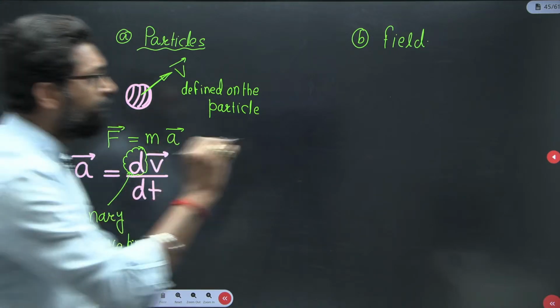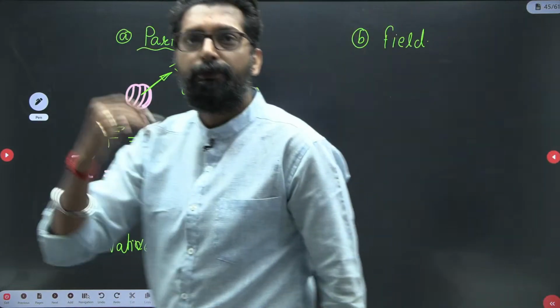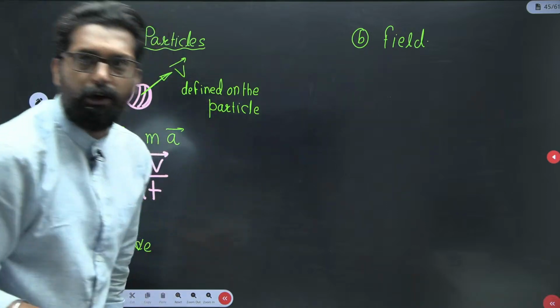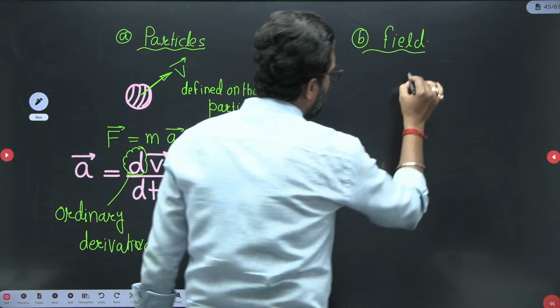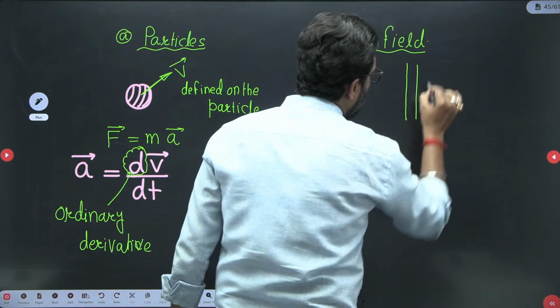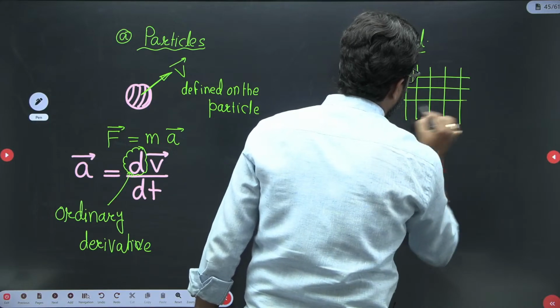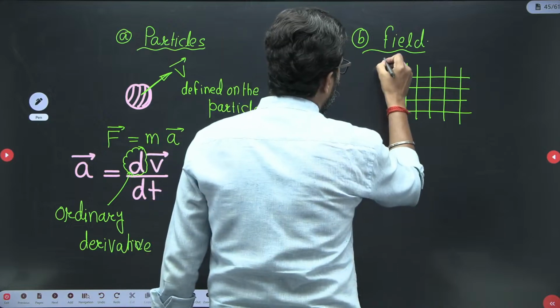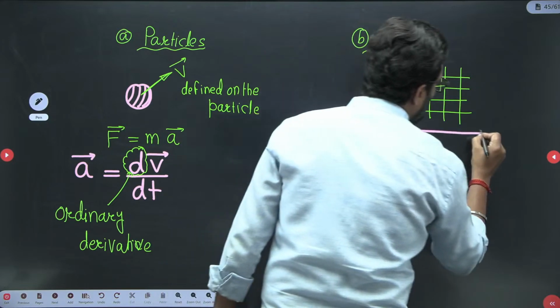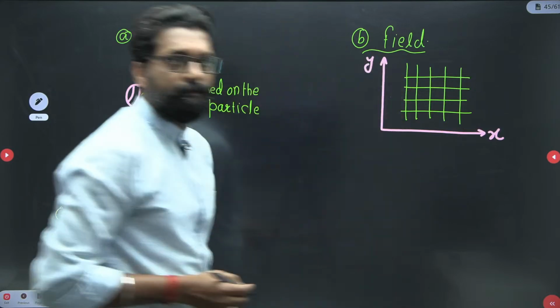But if you define the kinematics of the fluid with the help of a field, let's suppose this is your field, either a scalar field or a vector field, and this is your axes: the x-axis and the y-axis.